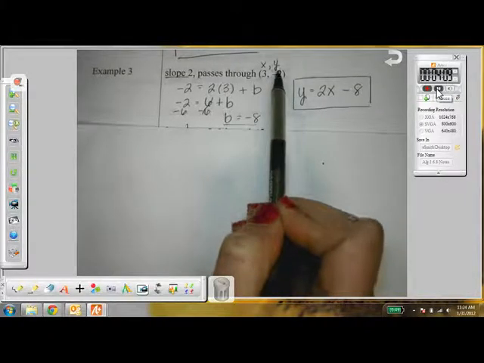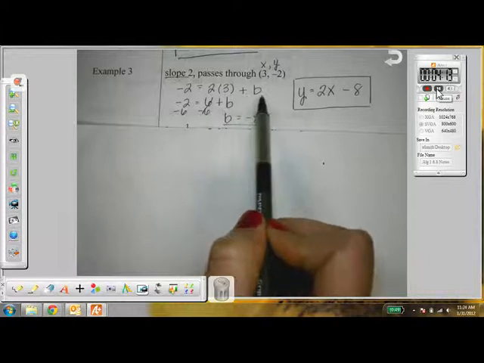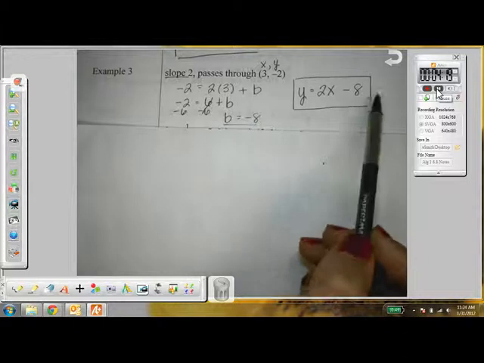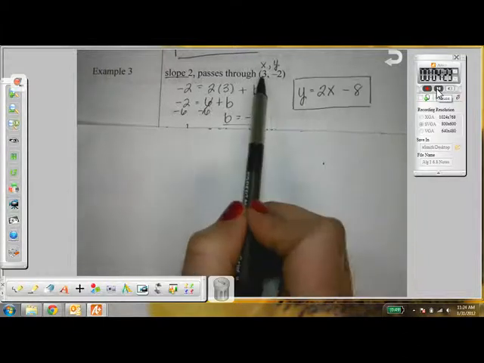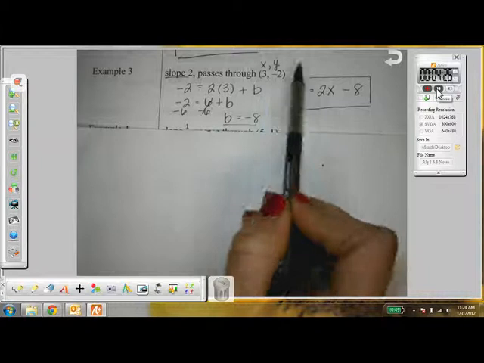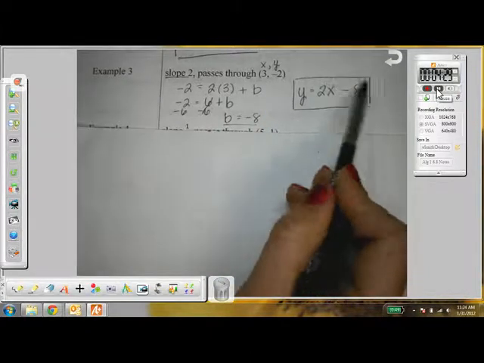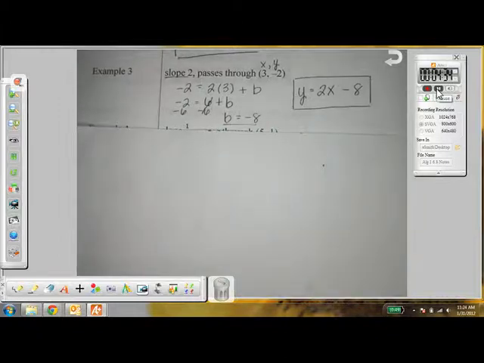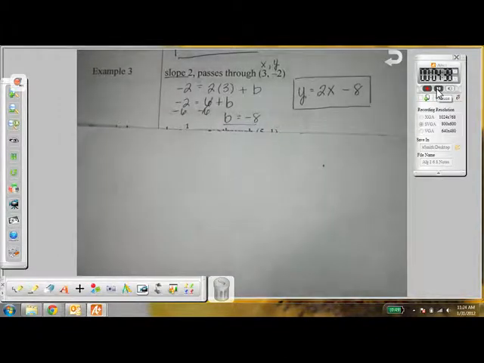So we can plug it in for x and y, and then we only have one variable that we don't know yet. If we knew another point, we could plug in another point and do the exact same thing, and we would still get the same answer. Because x and y are on the line, we know that they are going to work. We just don't know what part of the equation is. So we can find it, and then we plug it back in. And now this is the full equation. Does that make sense? Okay.